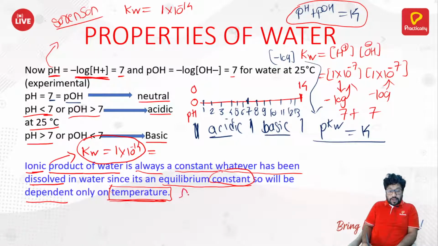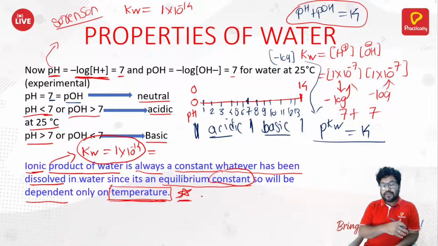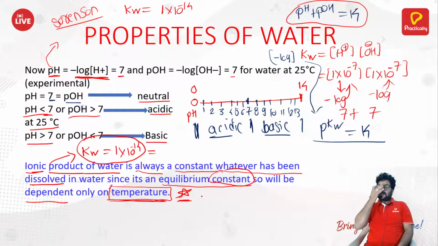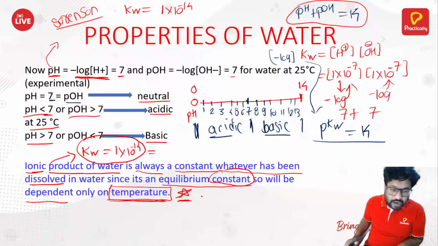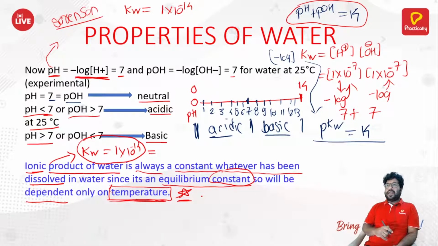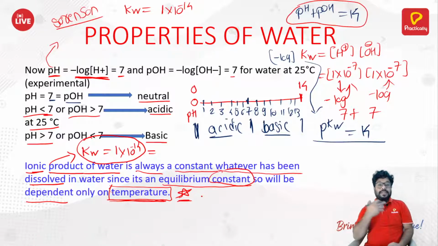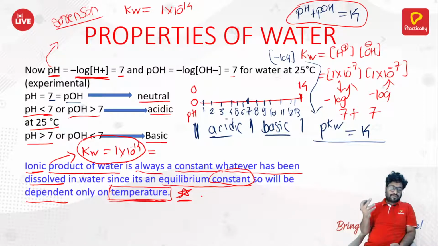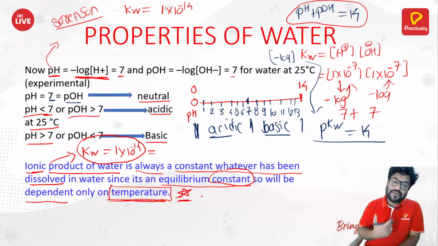Other things will not affect it at all because it's a constant. Temperature has a very significant role, not only in the equilibrium constant but also in increasing or decreasing the rate of a reaction. Temperature is the most basic fundamental of a chemical reaction. On that note, let's move ahead.